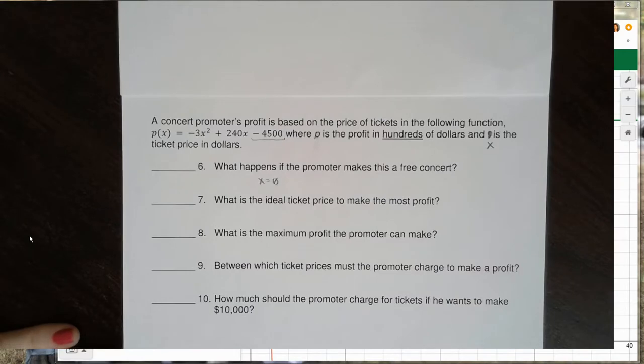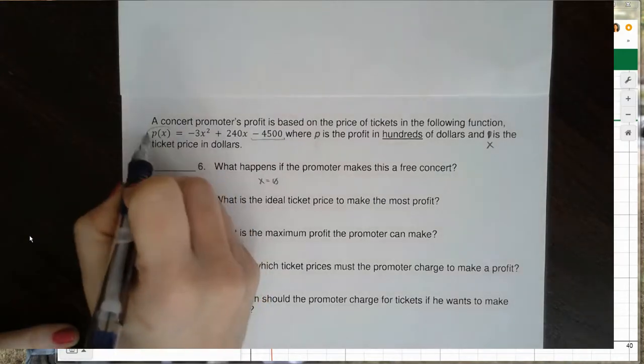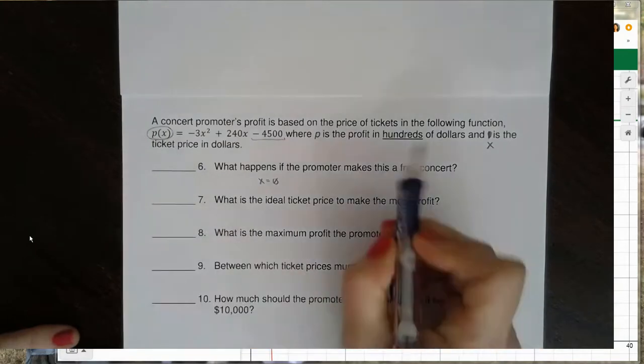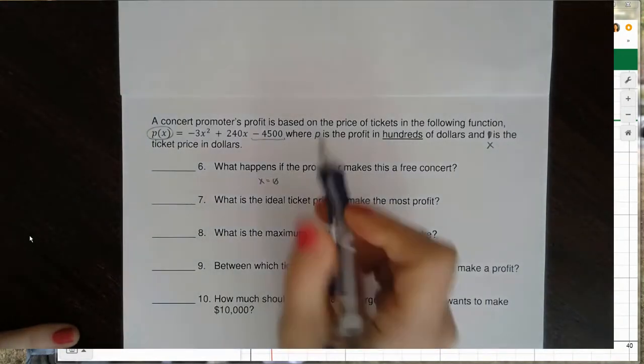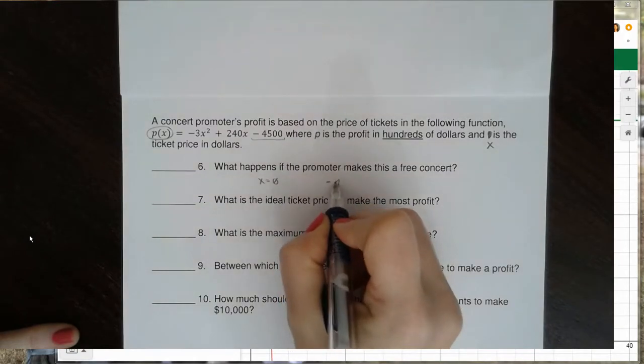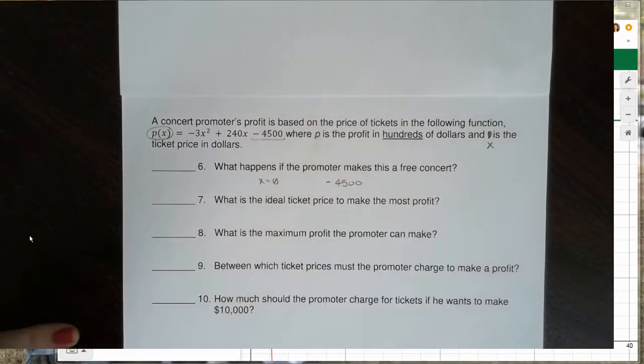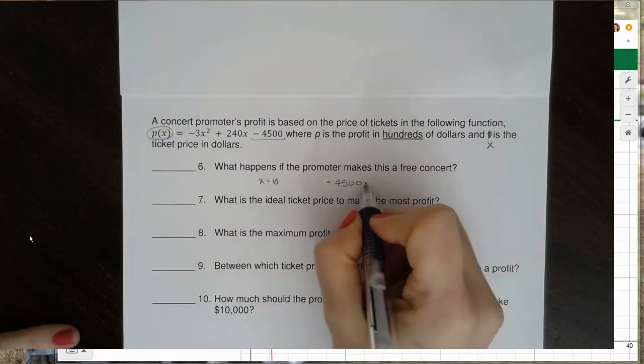Now, P, this output amount, is in hundreds of dollars. So it's not just negative $4,500. It's that times 100.